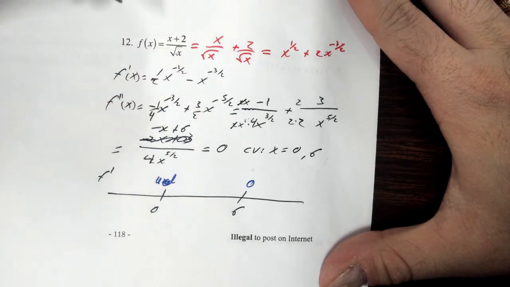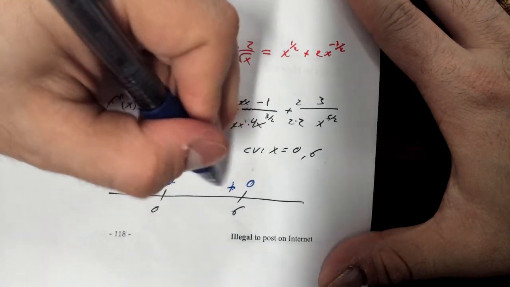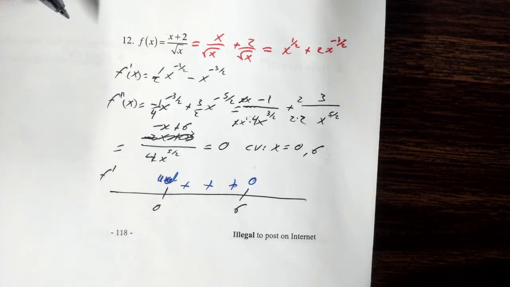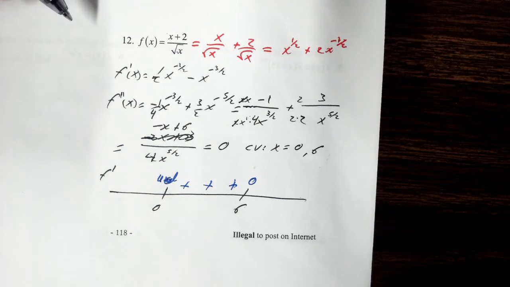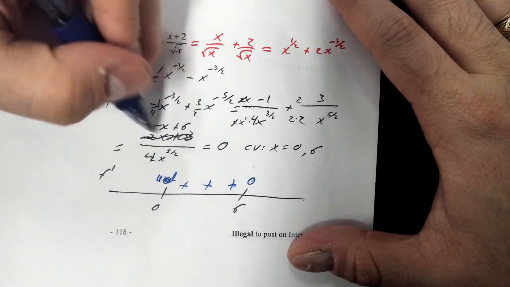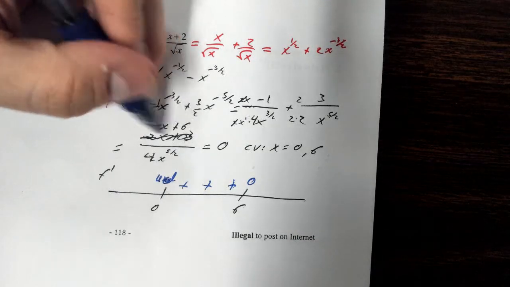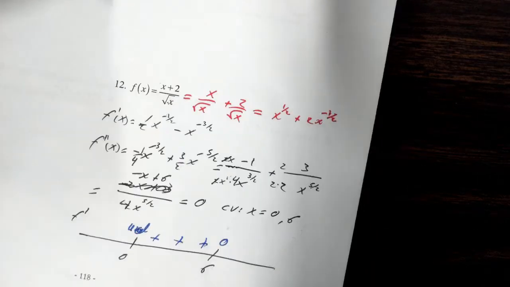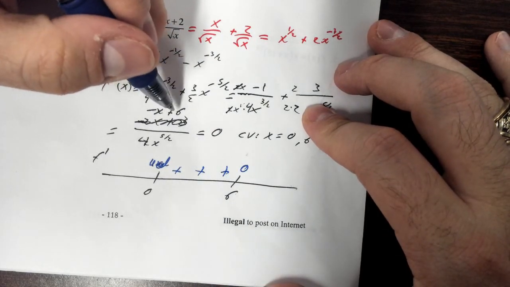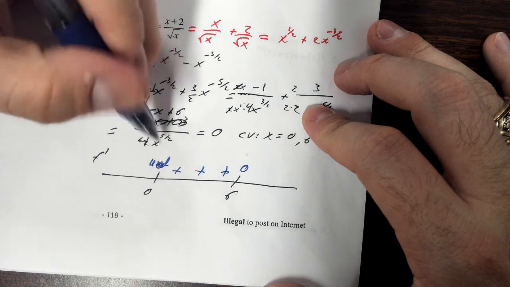Looking at the second derivative, when we plug in 1, that would be positive, negative 1 plus 6, positive 5.